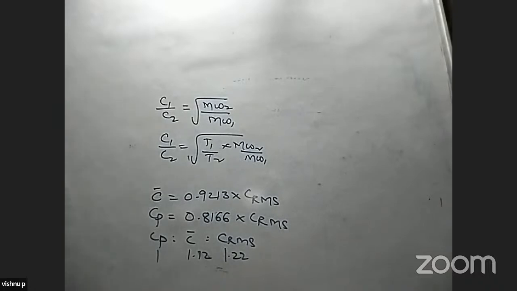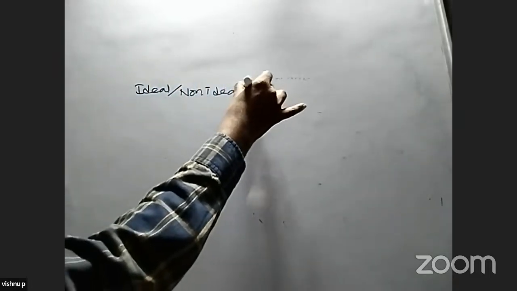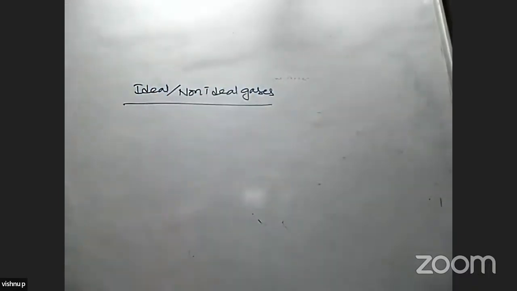And the next concept is compressibility factor. What is that? It explains the relation between ideal gases and non-ideal gases. So what are ideal gases? In ideal gases, attractive and repulsive forces between gas molecules are not present.